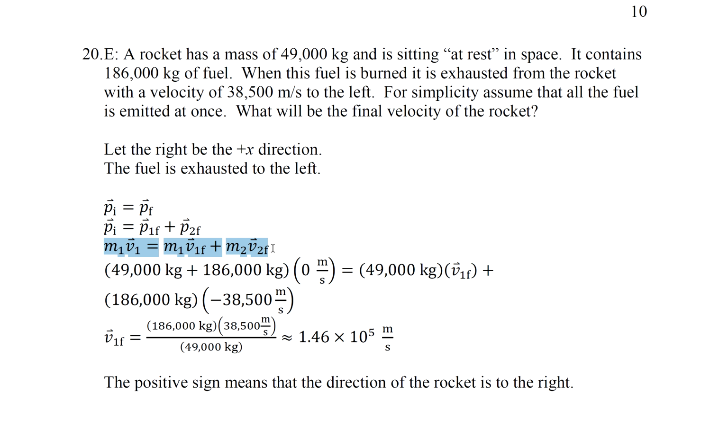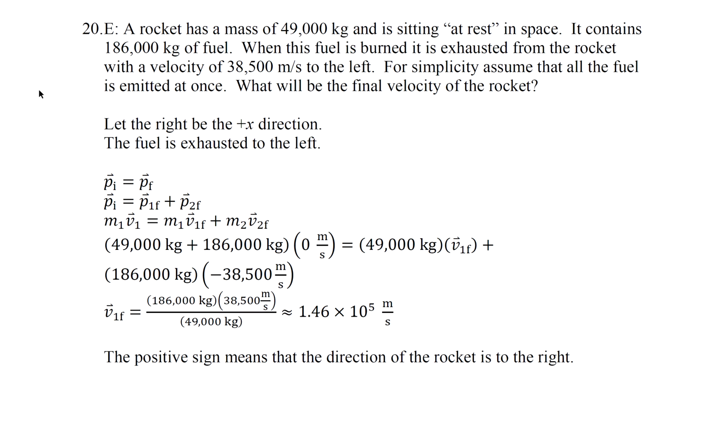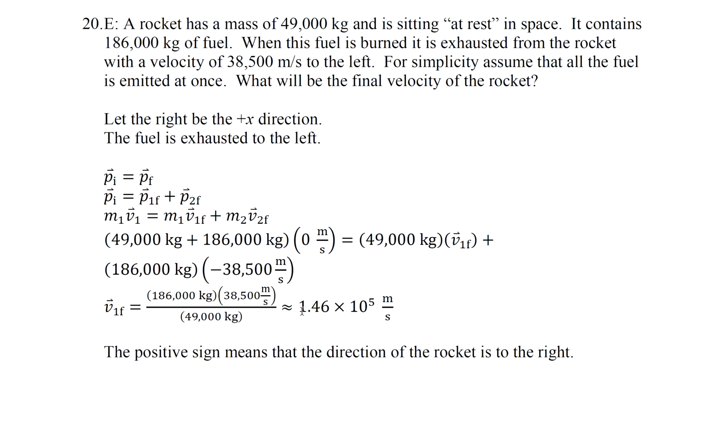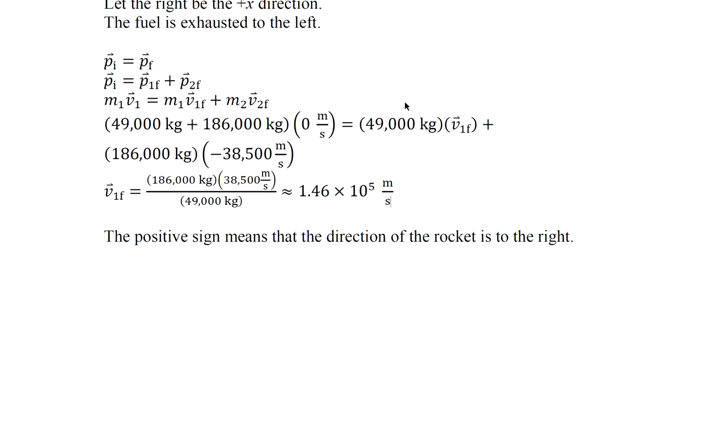So understand, the initial m1v1 is the rocket by itself, not moving, with the gas in it. m1v1 final is the rocket going to the right. m2v2 final is the gas going to the left. Solving for v1 final, we get this velocity. That means the rocket goes to the right.